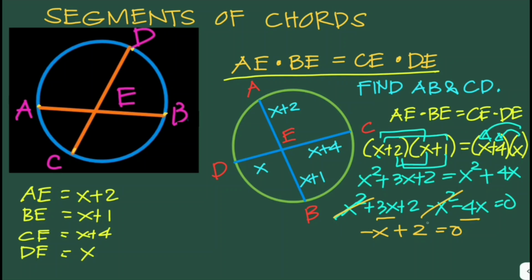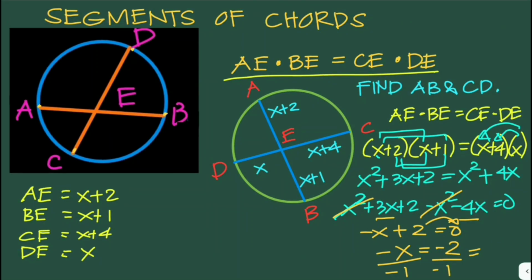Then we transpose 2 to the right, that would become negative 2. Negative x is equal to negative 2. We divide both sides by negative 1. Therefore, the value of x here is equal to 2. Now that we have the value of x, we can now solve for the lengths of AB and CD.